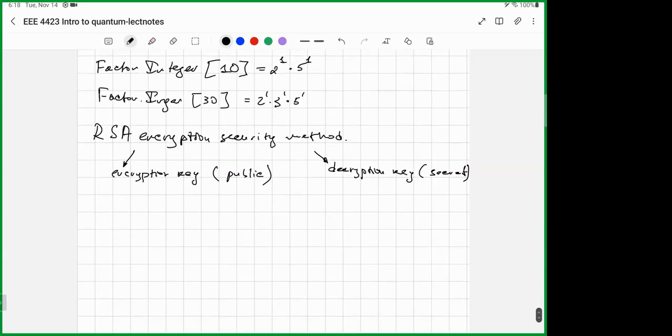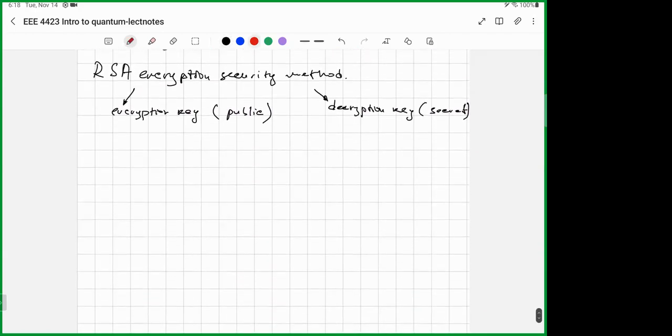Another type of algorithm, which is in subchapter 4.6, is known as the quantum Fourier transform, or QFT.